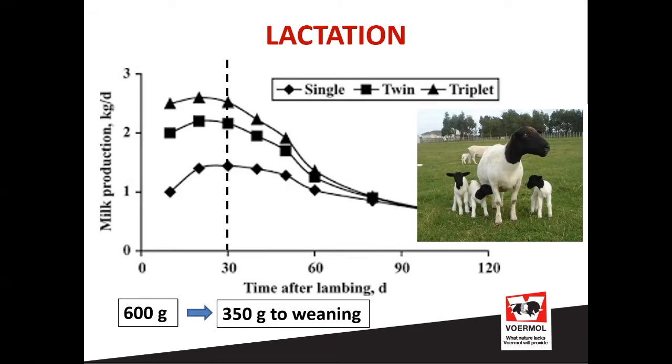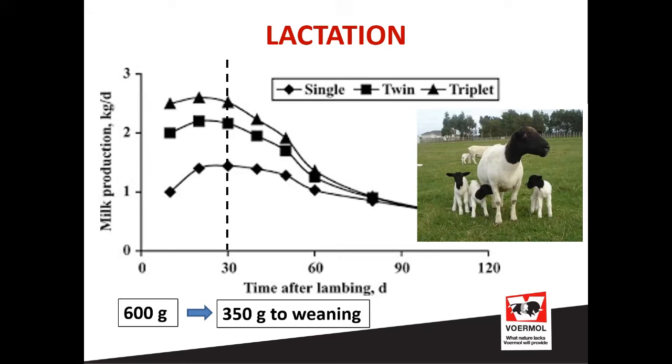So you're actually wasting money if you're feeding high levels of lick intake after 30 days. So rule of thumb is you can reduce your lick intake by about 40% after 30 days production in either your ewes or your lambs.